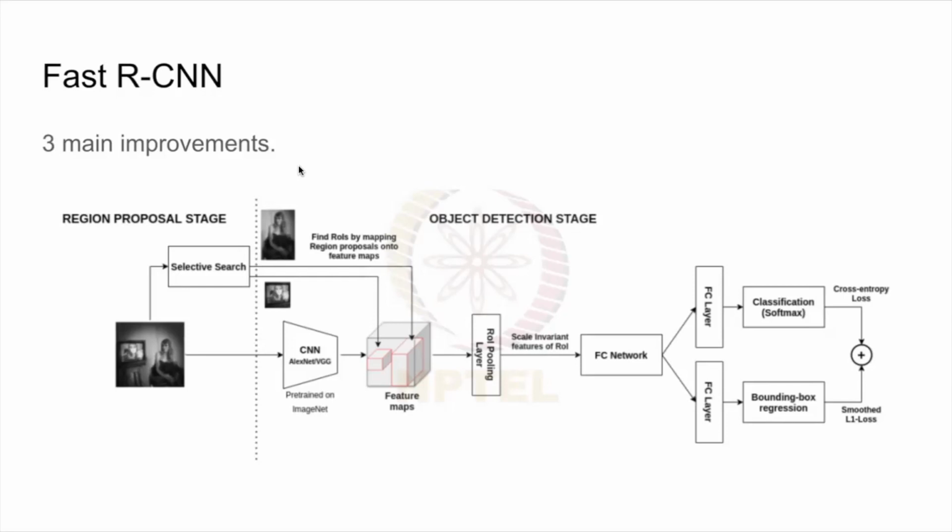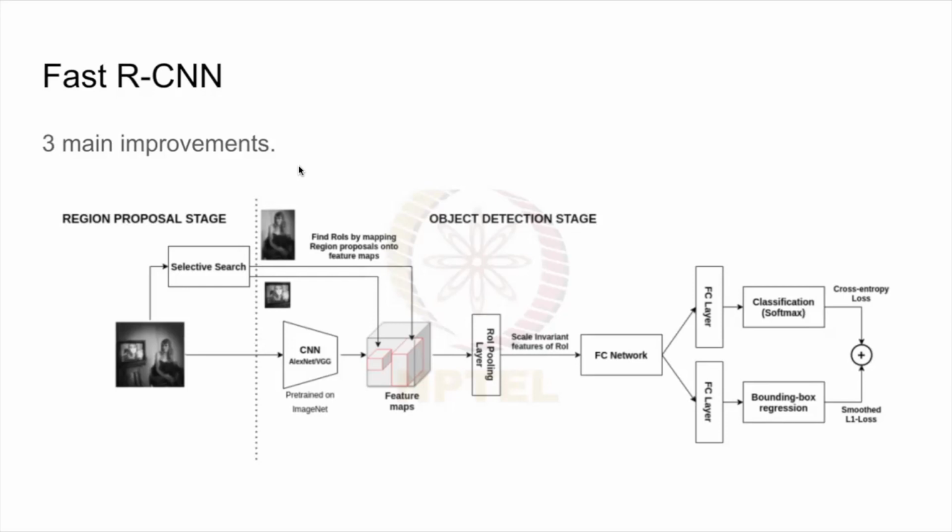It's a matter of a formula. Since there was a bounding box of the region proposal, in the feature map this will be the bounding box of the region proposal, or the region of interest, right?